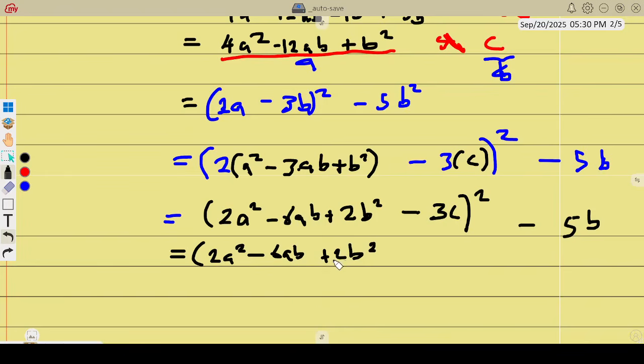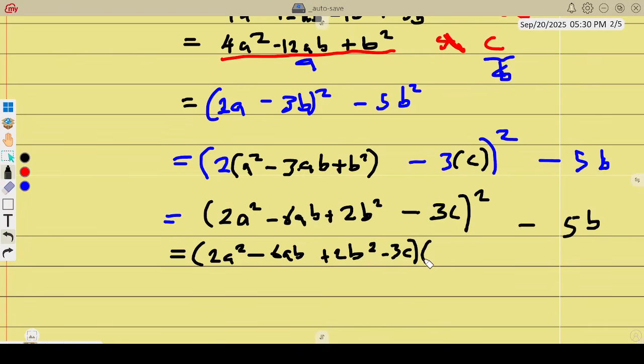2a squared minus 6ab plus, where is this b coming from? Oh, when we multiplied by 2. Okay, so 2b squared minus 3c.